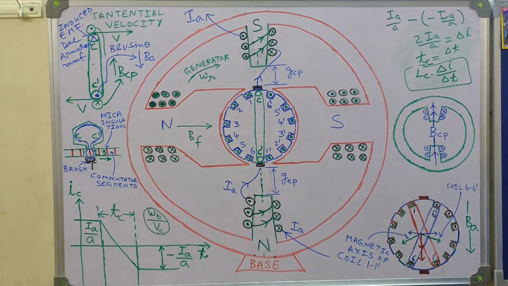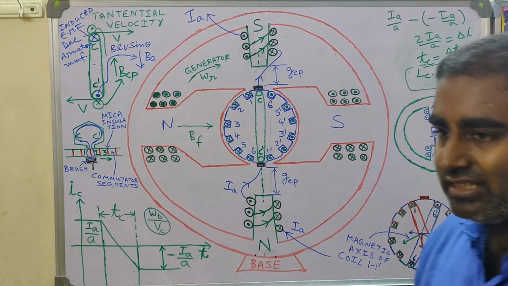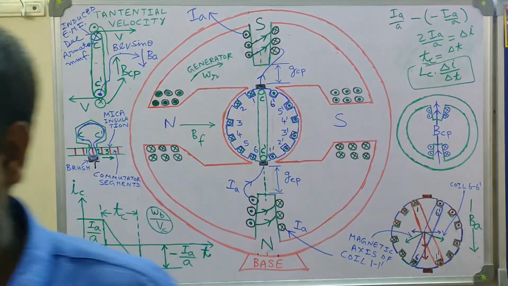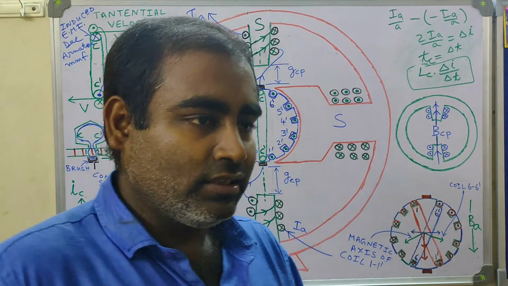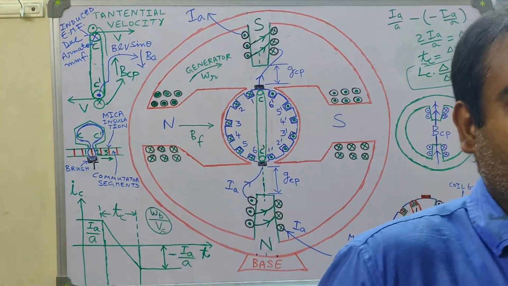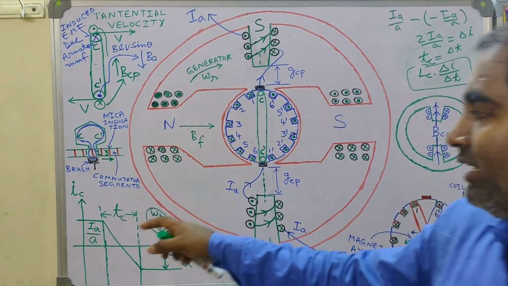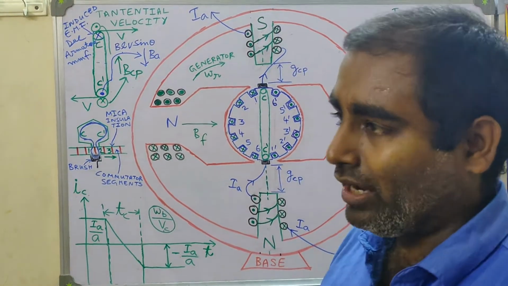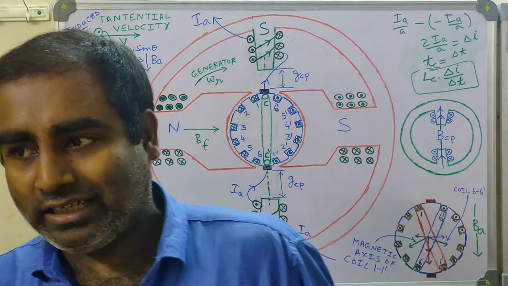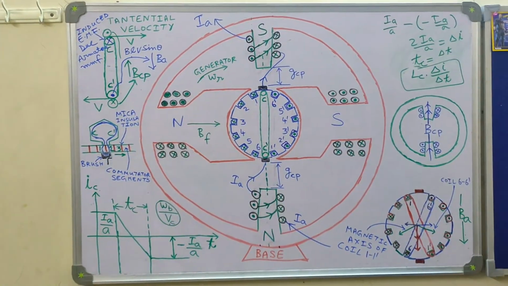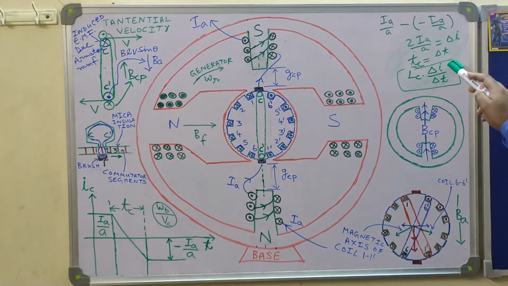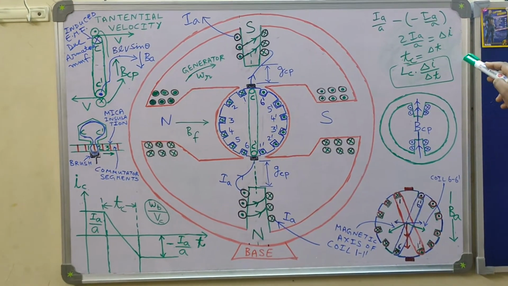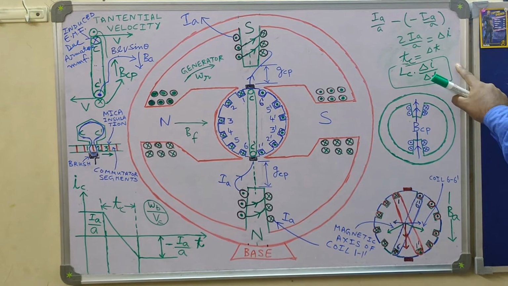Here we are assuming that at a particular instant only one coil is undergoing commutation. But if the width of the brush is greater than the width of the commutator segment, then more than one coil, maybe 2 or 3 coils, will be undergoing commutation at a given time. In that case, LC into delta I by delta T plus a mutual inductance term and the rate of change of current will also be added.